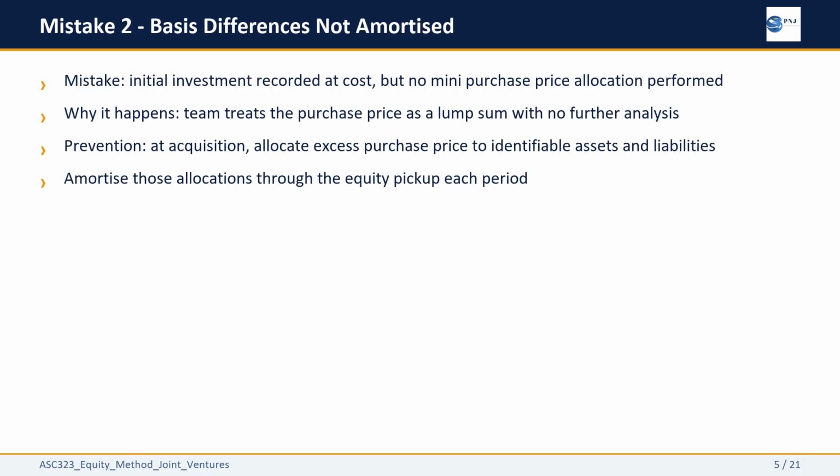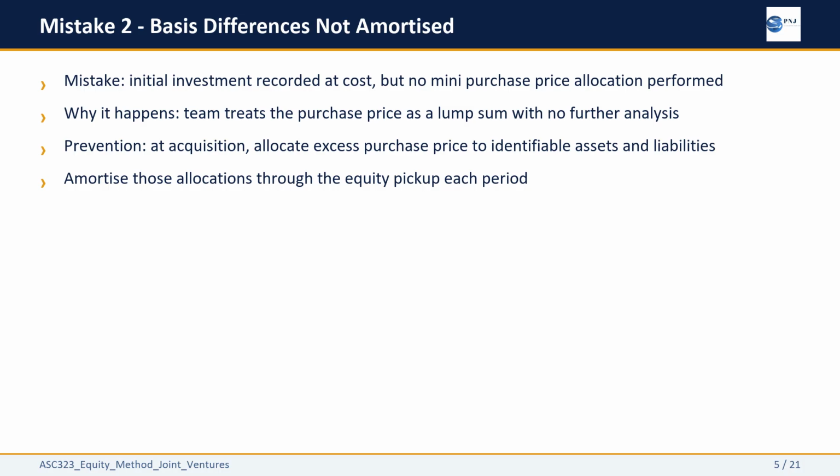The second mistake is failing to amortize basis differences. When you acquire an equity method investment at a price above the book value of your share of the investee net assets, that excess, the basis difference, needs to be allocated. You are essentially performing a mini purchase price allocation, identifying how much of the excess relates to depreciable assets, intangibles, inventory, or embedded goodwill.